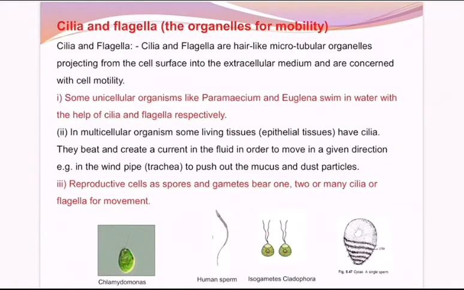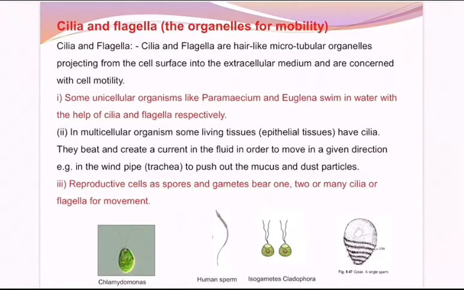When we cut the TS of a flagellum, we see that cilia and flagella are microscopic, contractile and filamentous processes of the cytoplasm, and they are capable of producing a current in the fluid medium for locomotion. For movement, they are responsible. They also aid the passage of substances.